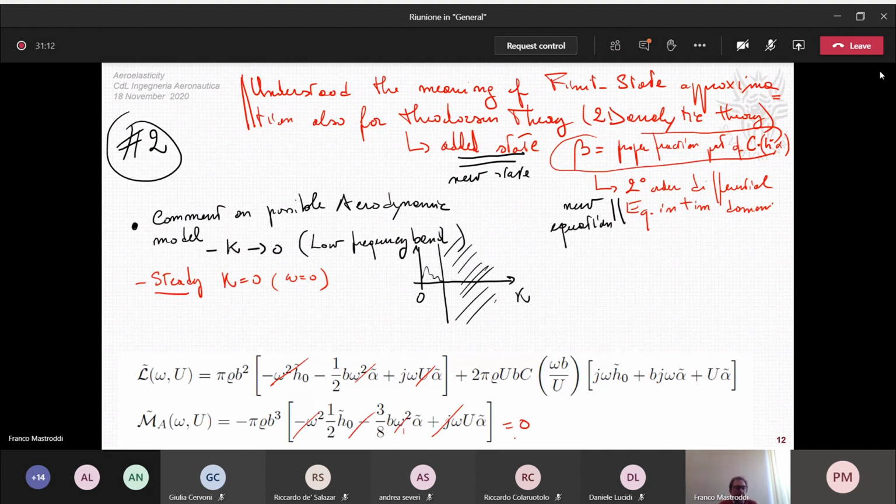In fact, you know that the aerodynamic moment with respect to the quarter chord is 0 in the steady Joukowsky theory. And in the Joukowsky theory of the airfoil, you have this as final result: no pitch moment with respect to the quarter chord.